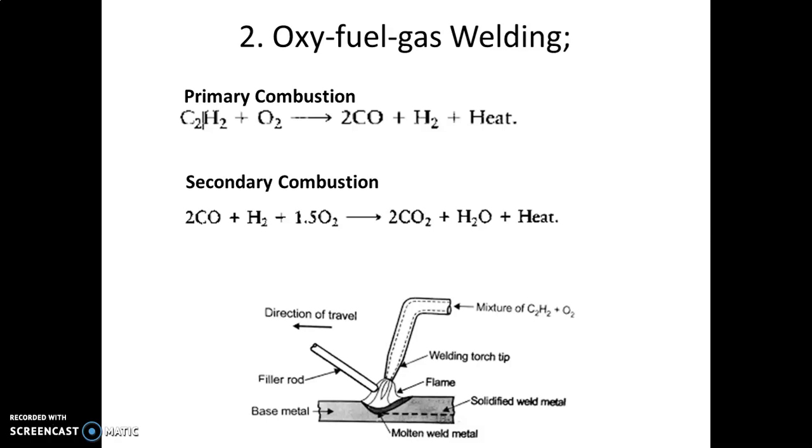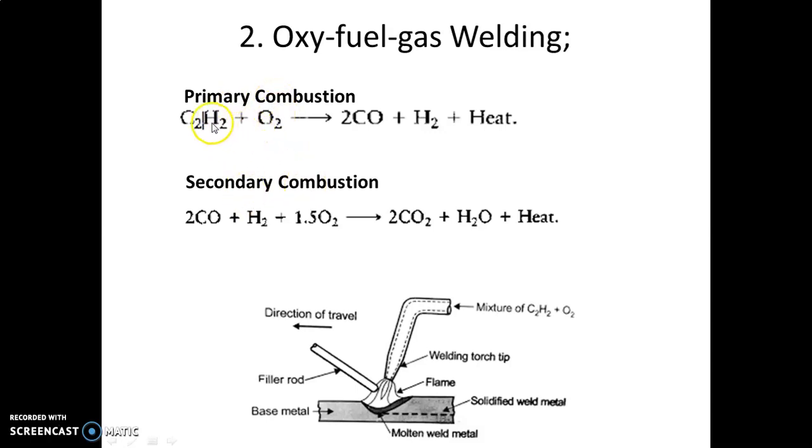Oxyacetylene gas welding is used for structural sheet metal fabrication, automotive bodies, and various other repair works. Generally, in the reaction between acetylene and oxygen gas in the entire process, two types of combustion take place. One is primary combustion and the second is secondary combustion.